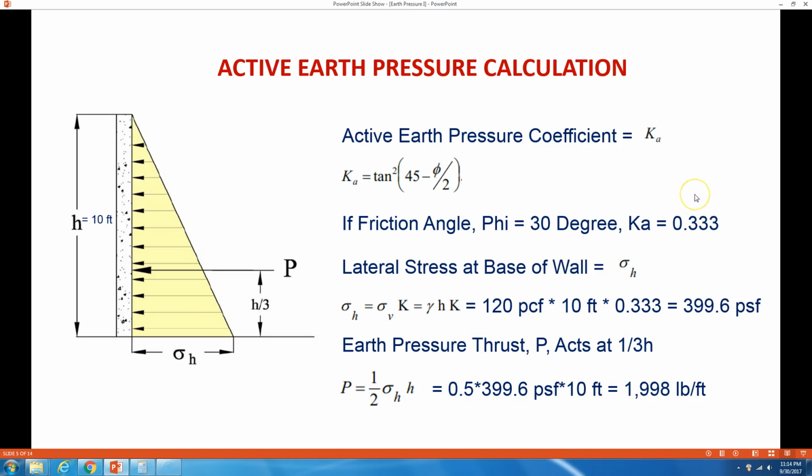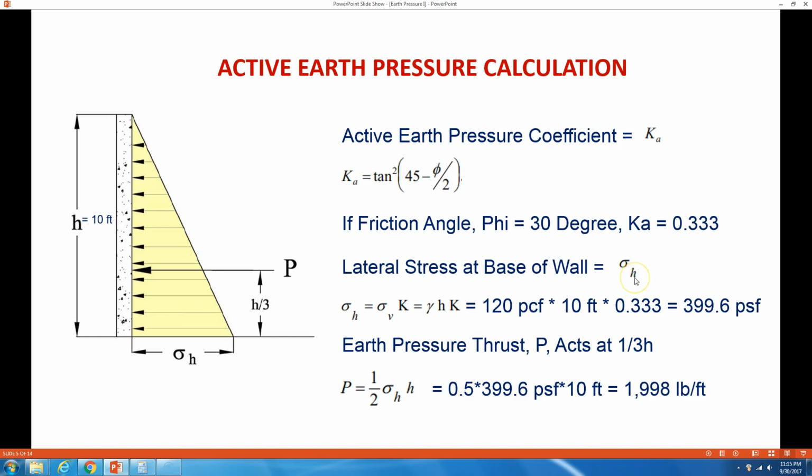So how do we calculate the active earth pressure? If we have a wall that's 10 foot high, Ka is tan squared of 45 minus phi over 2. If the friction angle is 30 degrees, Ka will be tan squared of 45 minus 30 over 2, and we should get 0.333.